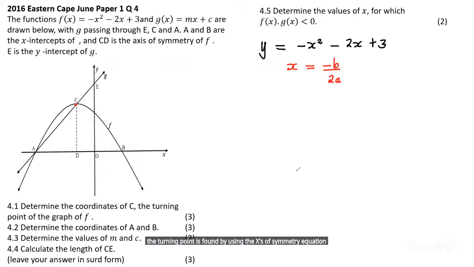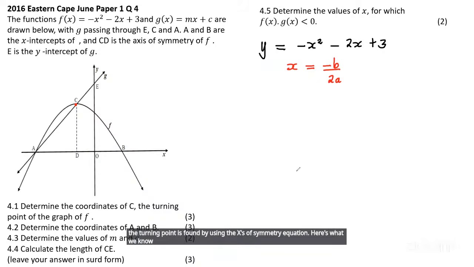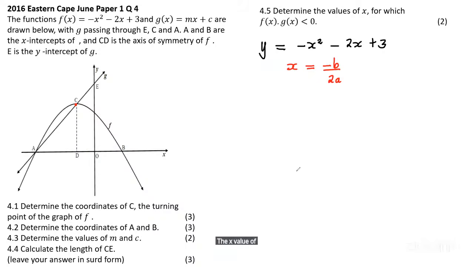I'm using the grade 11 method. You are allowed to use either. So x is minus b over 2a.